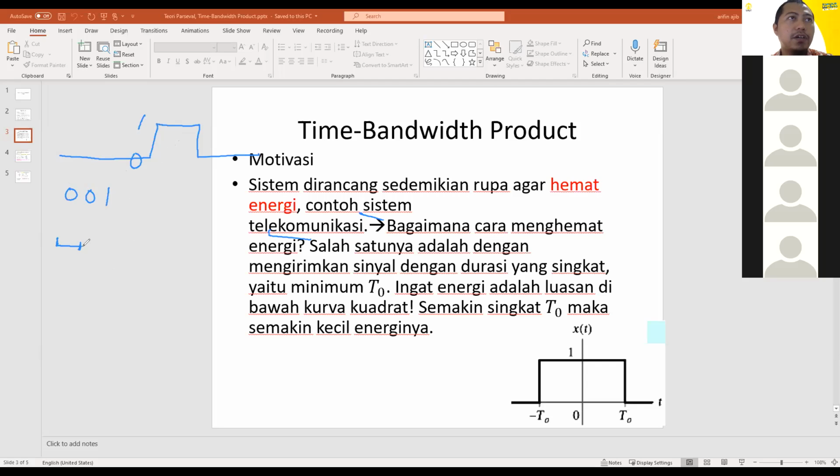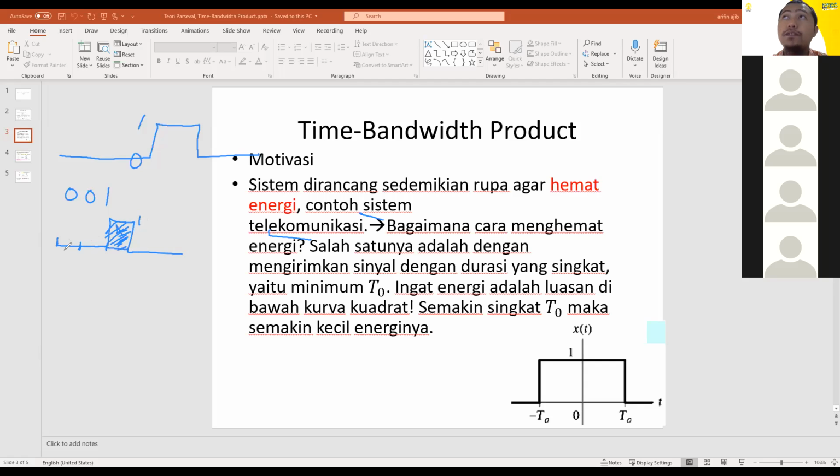In the first period, it becomes 0. In the second period, it becomes 0. And the third period is 1. So you can see here that the energy of the signal is the area under the graph, right? So in this case, the energy lies here.